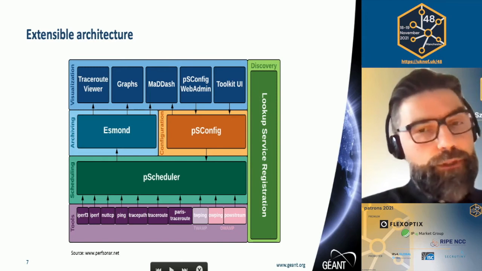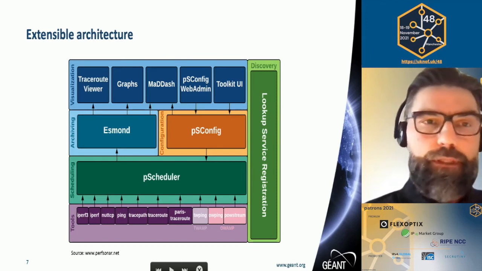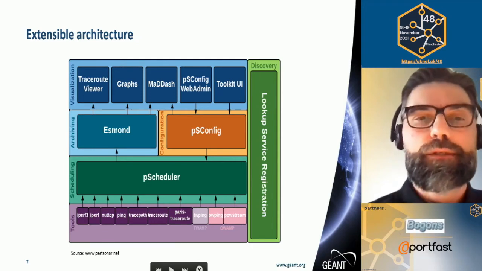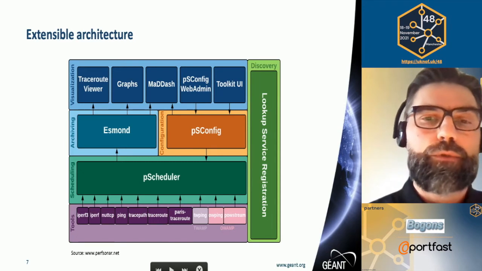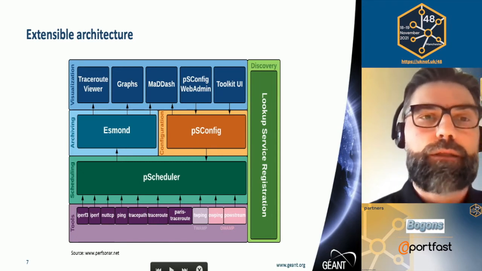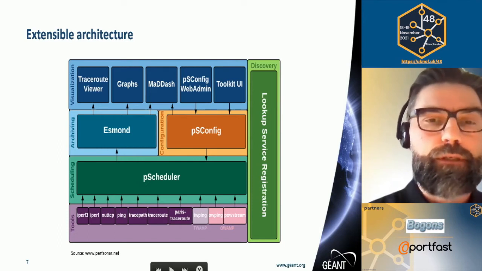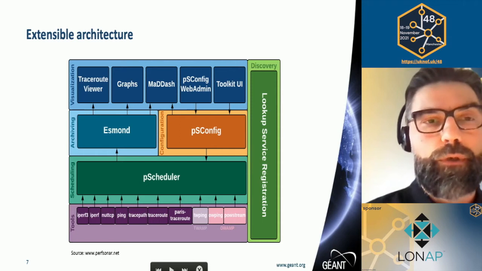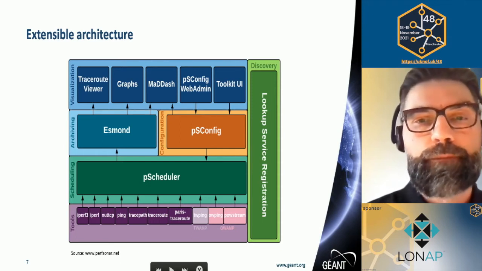There are multiple of them. You can specify any of them to run the measurements. And what's important, you can add new ones easily. We have a mechanism called plugins, so you can easily extend it if you are interested in a specific measurement, which is, for instance, dedicated for your own purposes, for your own application.